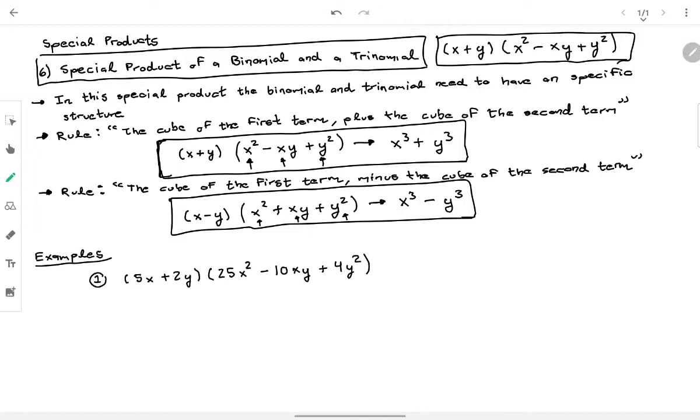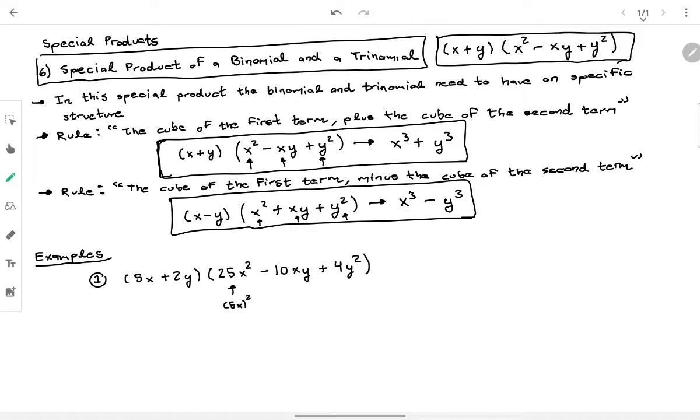So let's see. In this specific exercise, remember the special product of a binomial and a trinomial. We need to look if the structure is correct, because if the structure is not correct, we cannot apply this special product. So let's see. In this case, we need to see if this one is the square of the first one.